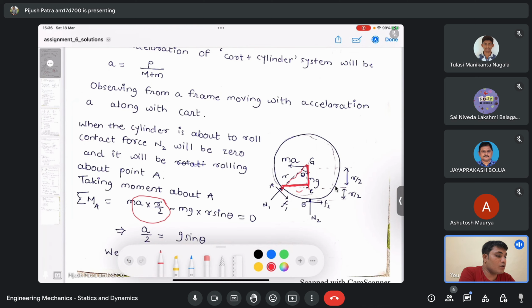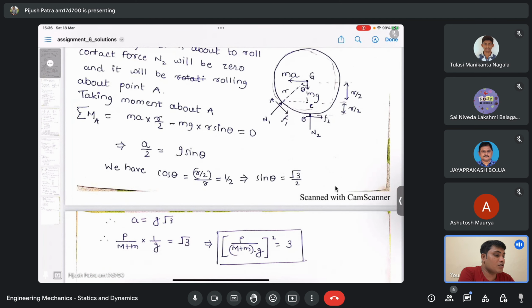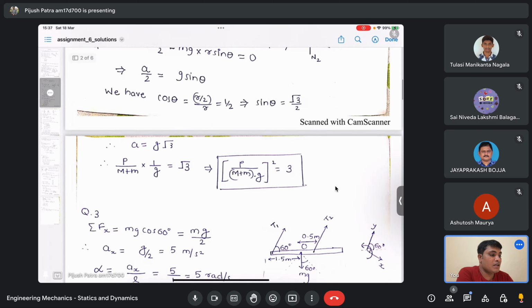This is r by 2 and this is r. So what will this be? Root of r square minus r square by 4, right? If you do that, this is something which you will get, that cos theta is equal to root 3 by 2. If you now calculate that angle, and a is coming as g root 3.